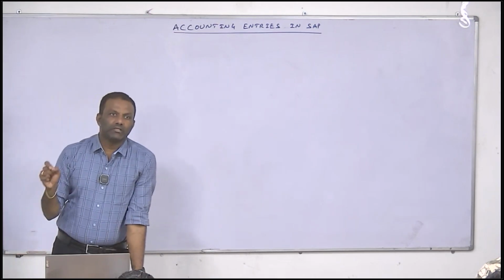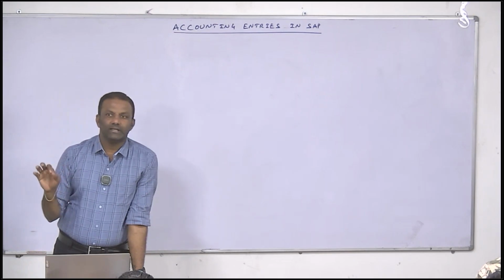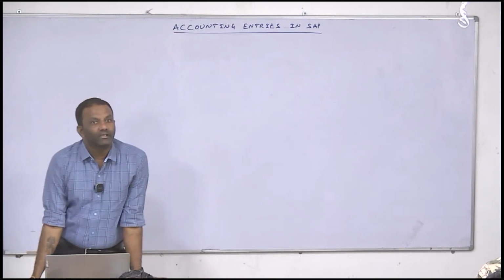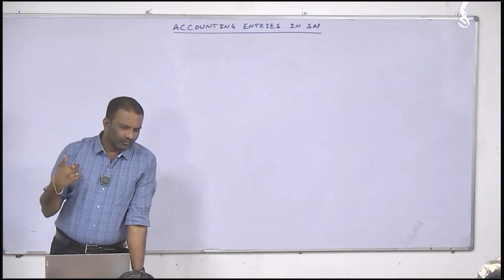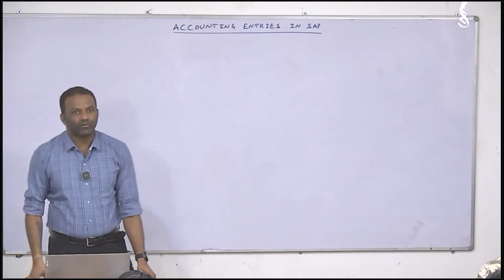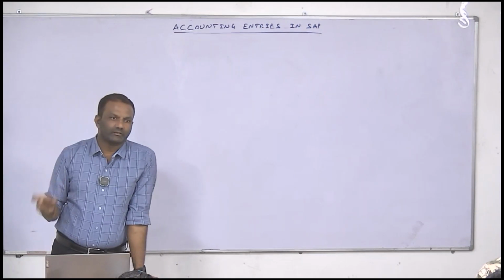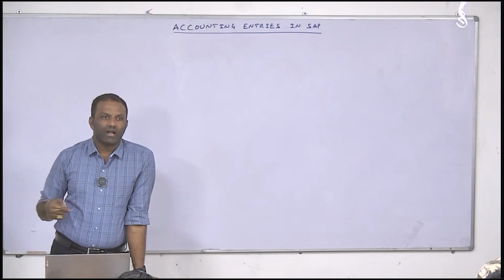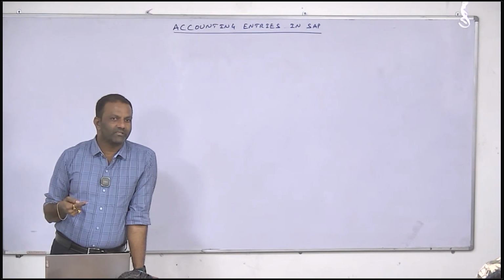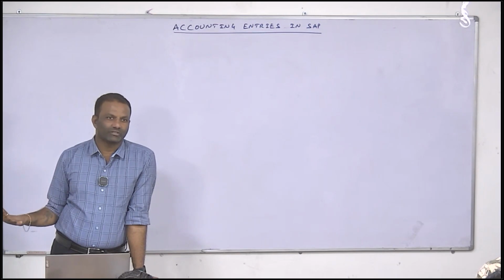Everything ultimately should be posted as an accounting document in finance. Whatever the module or department they are working in, ultimately it should be impacted in the finance module. Why? Organizations should prepare financial statements by using GL accounts only.